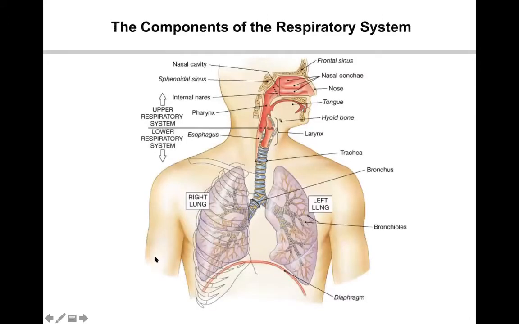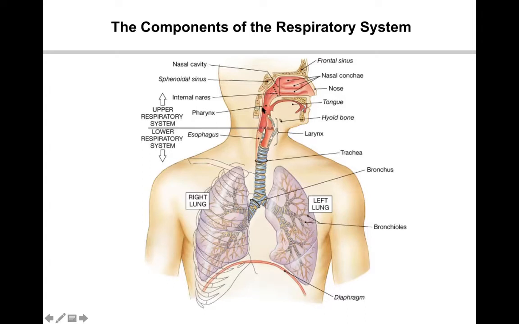So the respiratory system is divided into two major parts. One is the upper respiratory system, which you can see in here. This is the upper respiratory system, and this is the lower respiratory system. It starts with the nose, then goes into the nasal cavity. Then there are sinuses. You can see all of these sinuses in here, and then it goes into the pharynx.